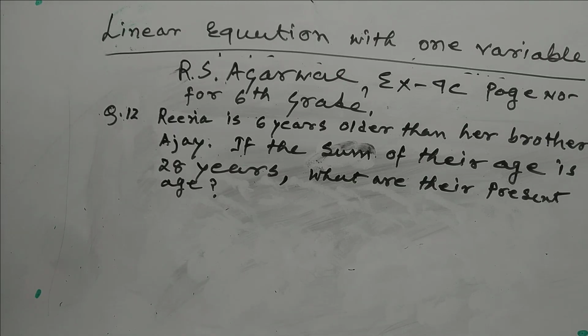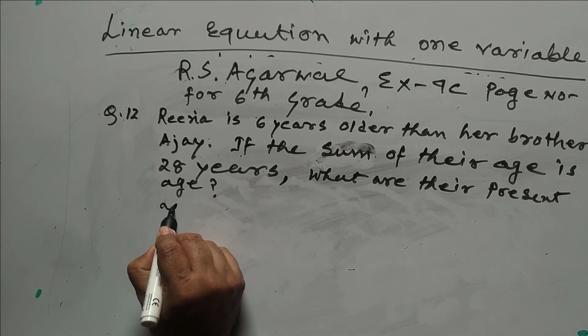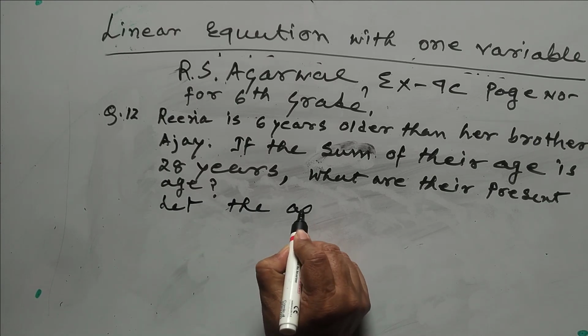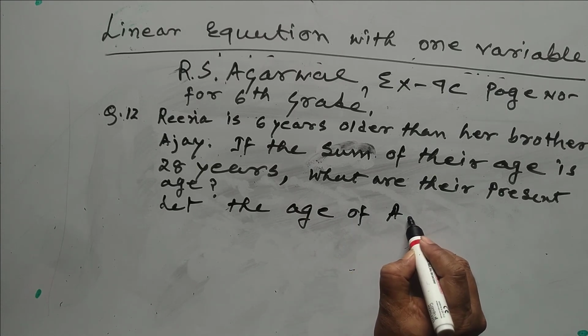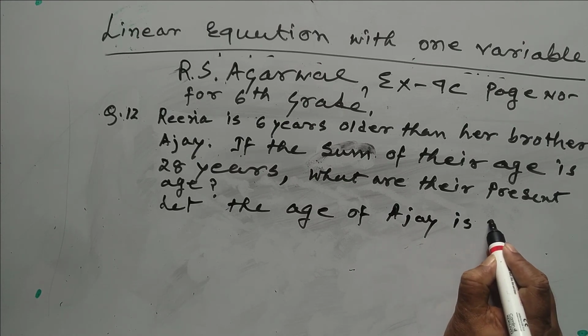And if I sum these two ages, it will give 28 years. So we can start like that. Let the age of Ajoy be x.